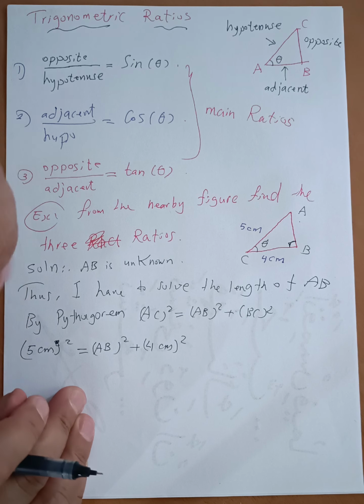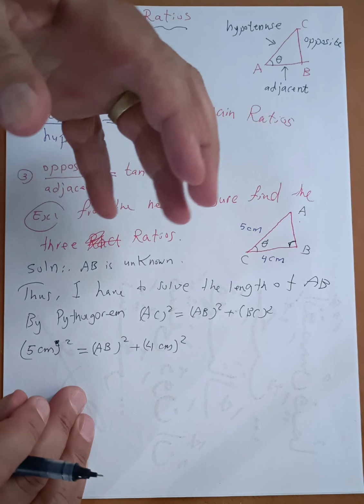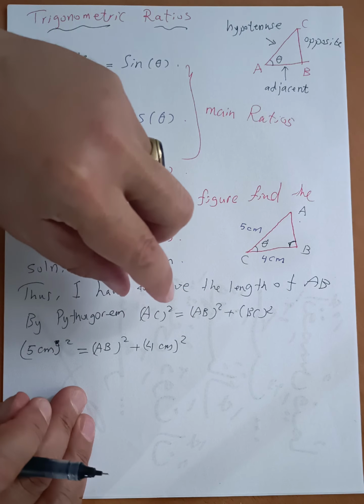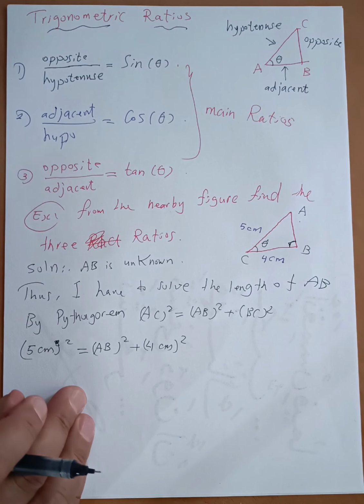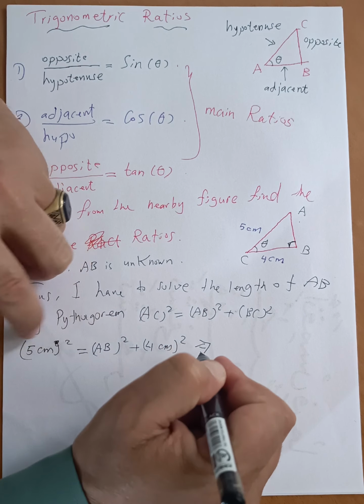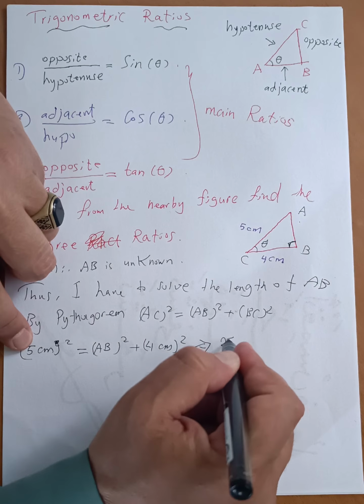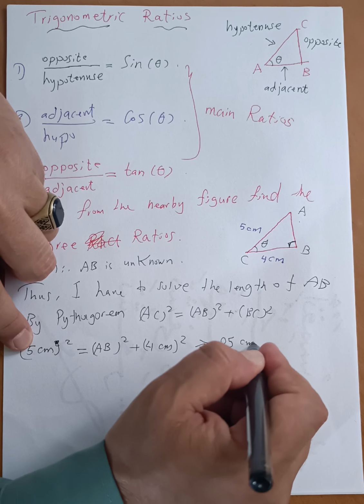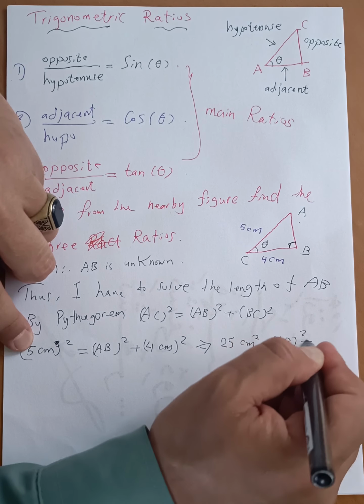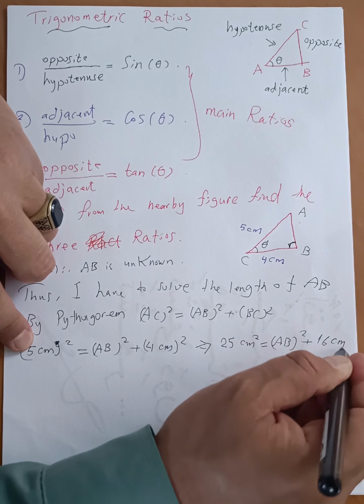I substituted the values of the known legs, but the unknown is still alone. Now I will square the values. 5 squared is 25 centimeters squared, equals AB squared plus 16 centimeters squared.